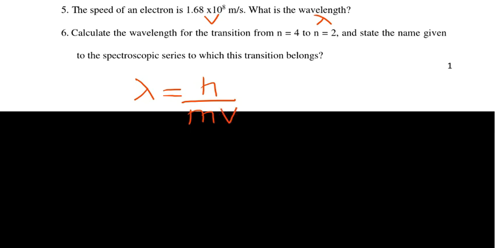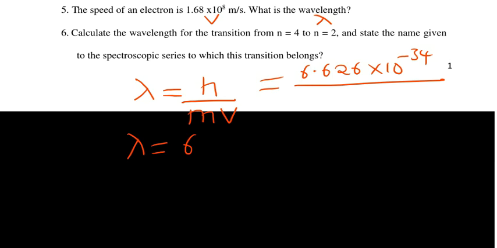We need a value of Planck's constant, which is 6.626 times 10 to the power negative 34, over the mass.